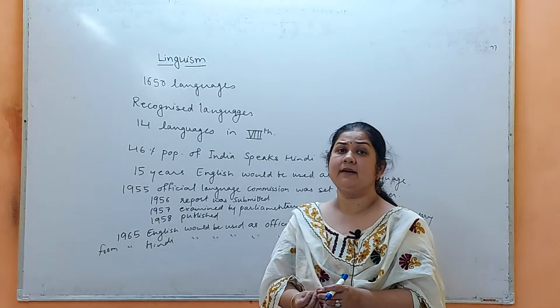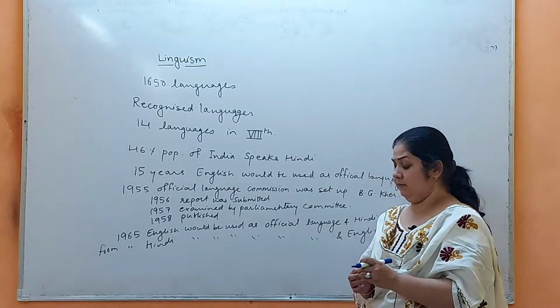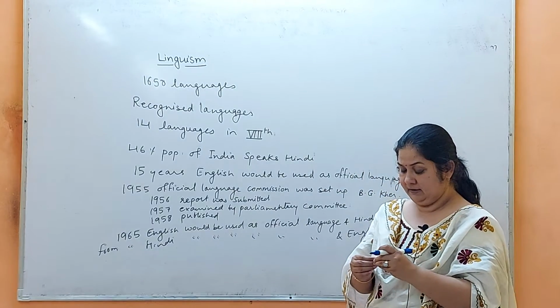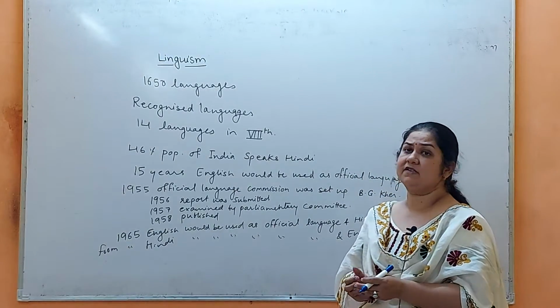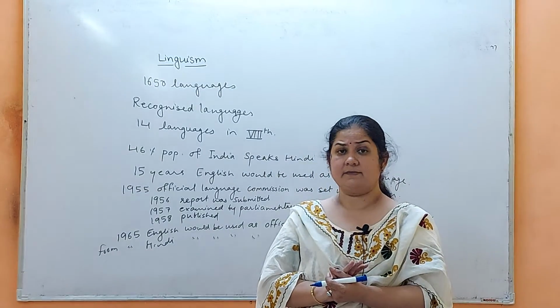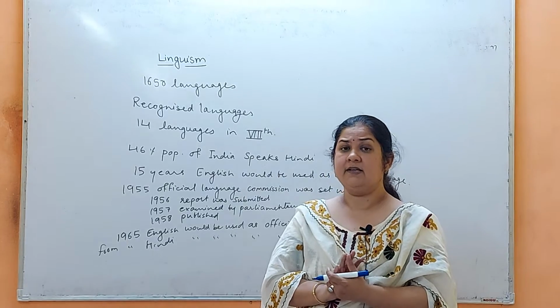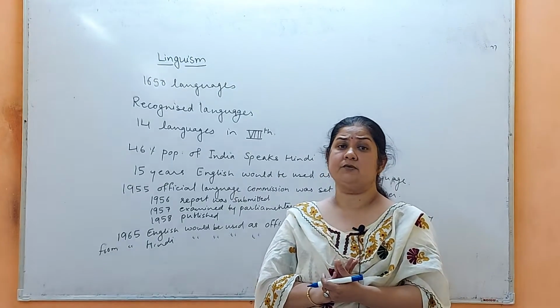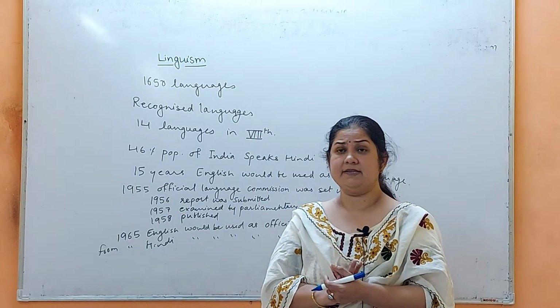Now what could be done to, you can say, curb linguism? So first one is that English can be used as a subsidiary language, that was there. Secondly, even regional language could be made for an official purpose.